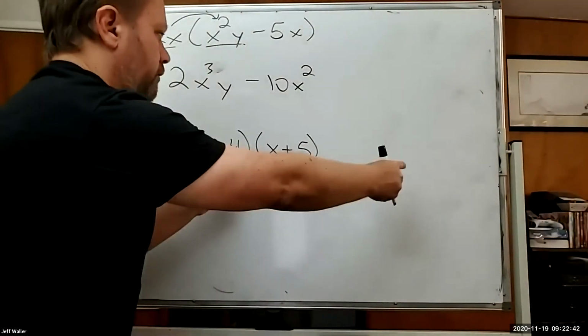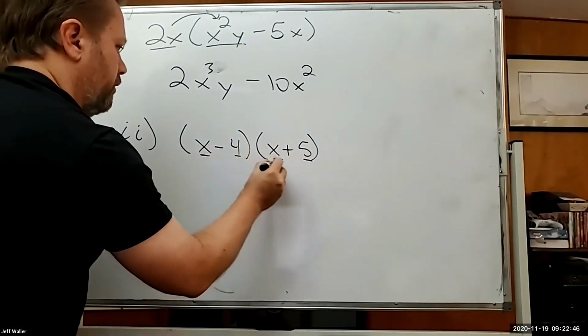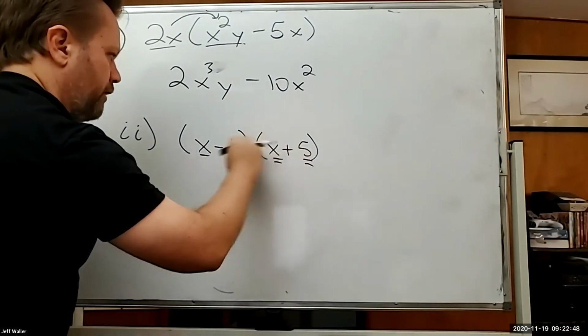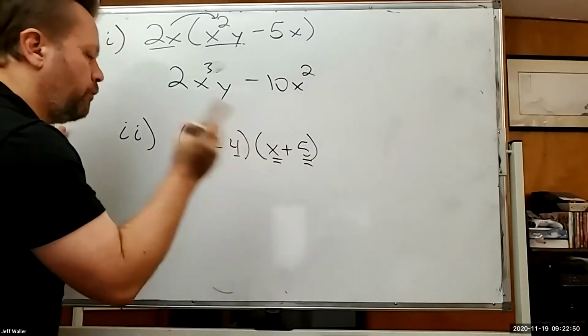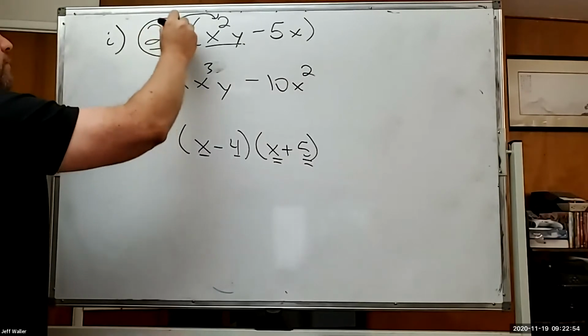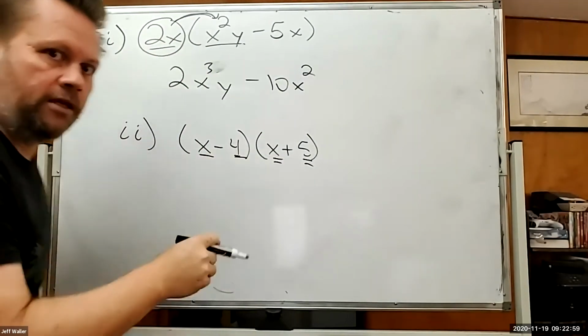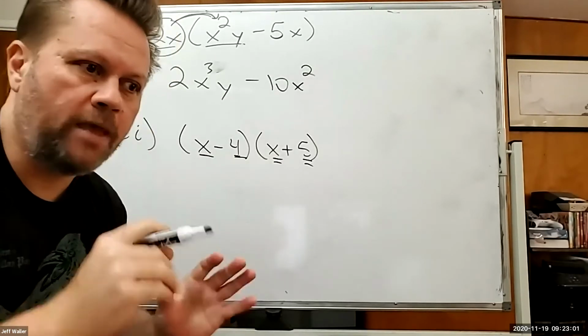And in fact, it doesn't help with what if one of these gets bigger? Here's first, outer, inner, last, where you do that times that. But look, watch. Do you see how here I just had one thing to distribute and here I have two things? I don't need no freaking FOIL. I'm not baking potatoes.